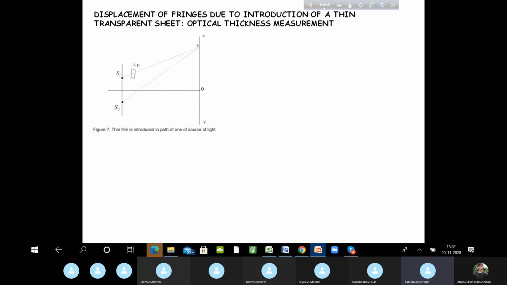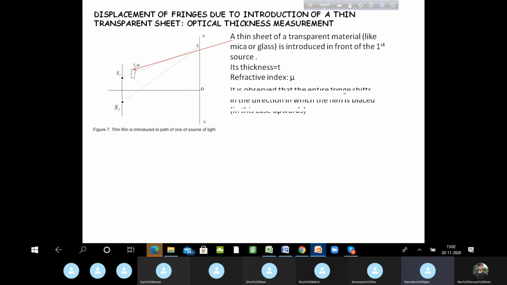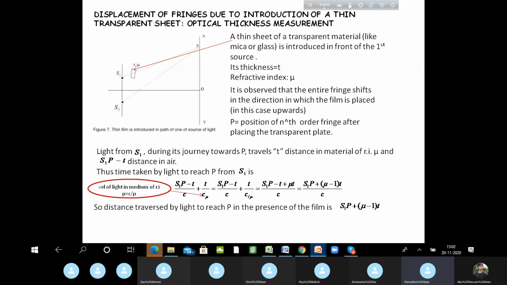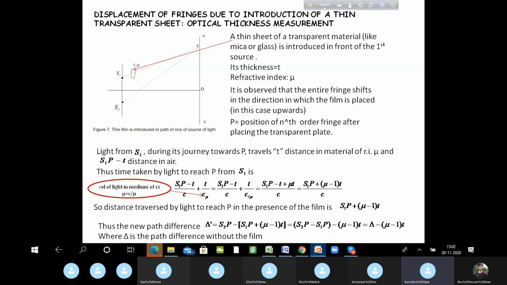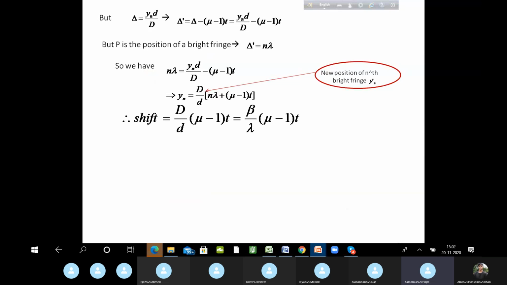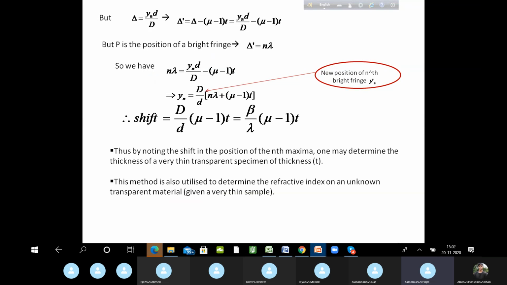Okay, finally, this is a problem which I am not reading out. You can go through it and see what it says. If you place a small transparent sheet in front of any one of the slits, the fringes shift, and using this formula you can find out the thickness of a transparent material which cannot otherwise be obtained using our daily instruments.